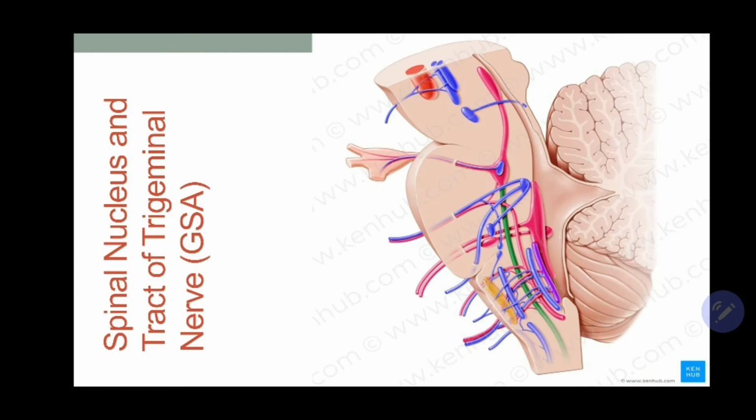Now we are talking about the spinal nucleus of trigeminal nerve, and lateral to the nucleus is the spinal tract of trigeminal nerve. It's bringing in general somatic afferent sensations, mainly pain, temperature, and fine touch.